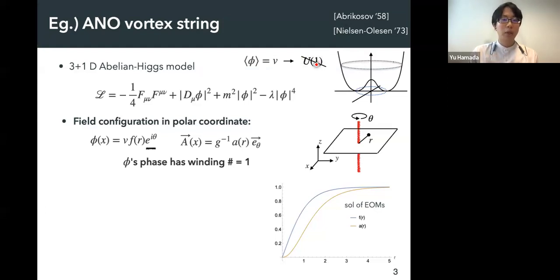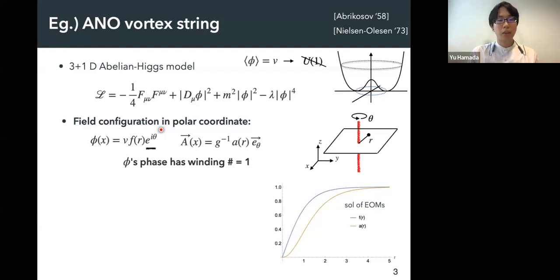In this model, let's consider the following configuration in polar coordinates. Here r corresponds to the radial coordinate in the xy space, and theta corresponds to the rotational angle around the z-axis.